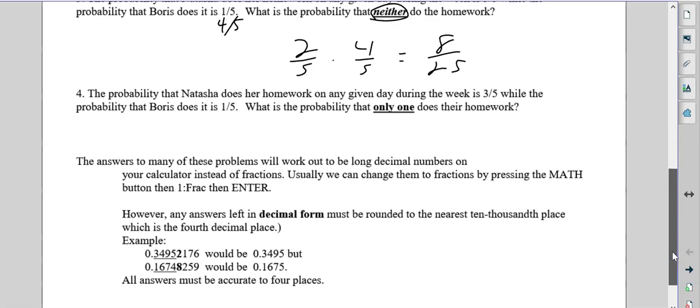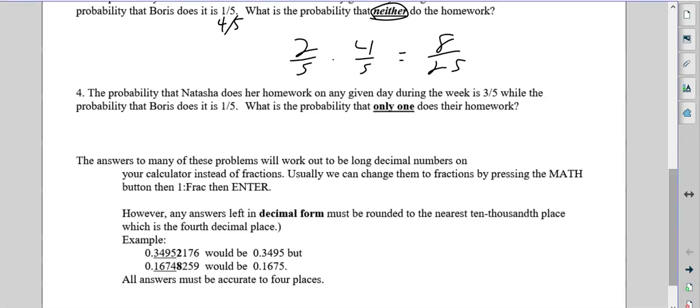The probability that she does her homework again is 3/5 and him doing it is 1/5. What's the probability that only one of them will do it? Okay, this one's a little more complicated. If you see one like this, you just gotta break it down. There's a couple situations here.